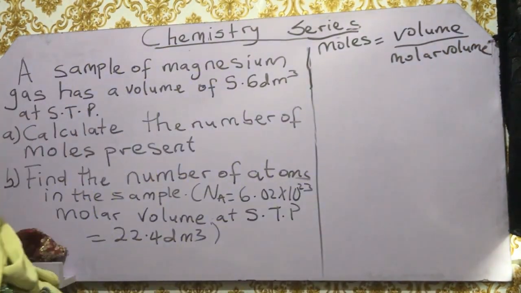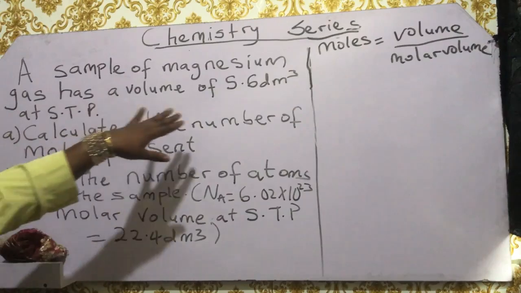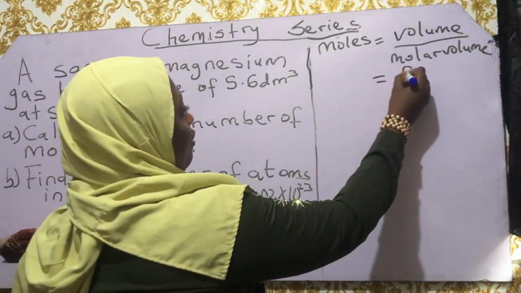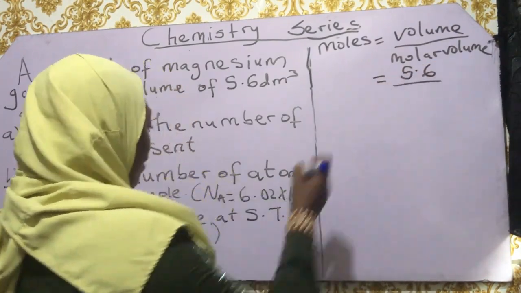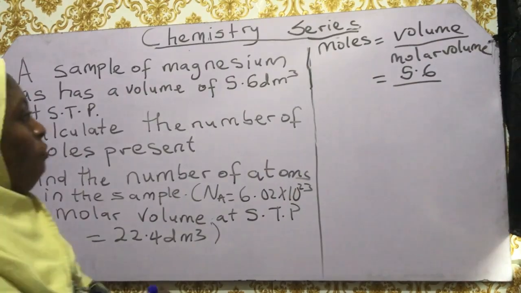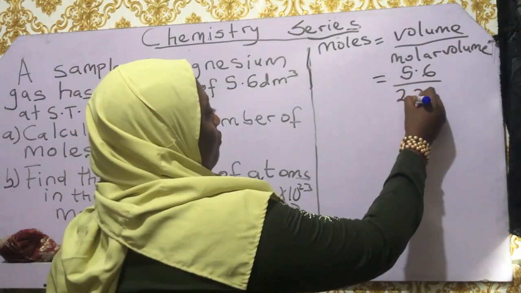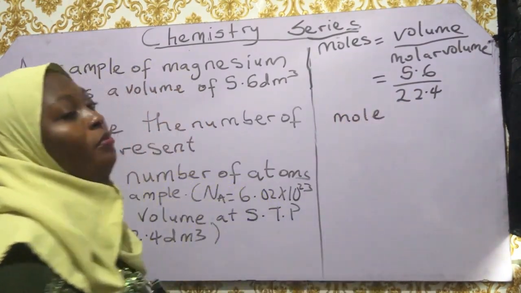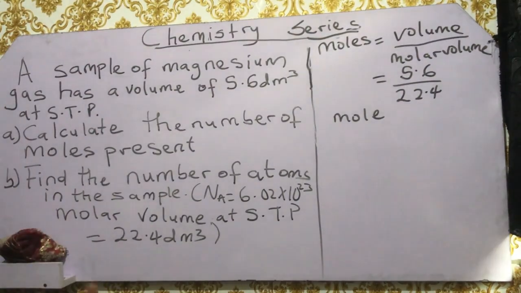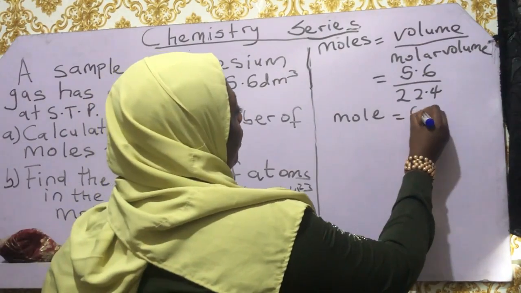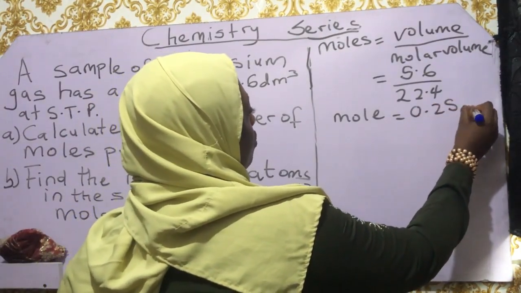And in the question, we are given the volume of magnesium gas to be 5.6 dm cubed, so I will have 5.6 divided by the molar volume at STP, which is 22.4 dm cubed. So you have the mole. When you input 5.6 divided by 22.4 into the calculator, you have 0.25 moles.